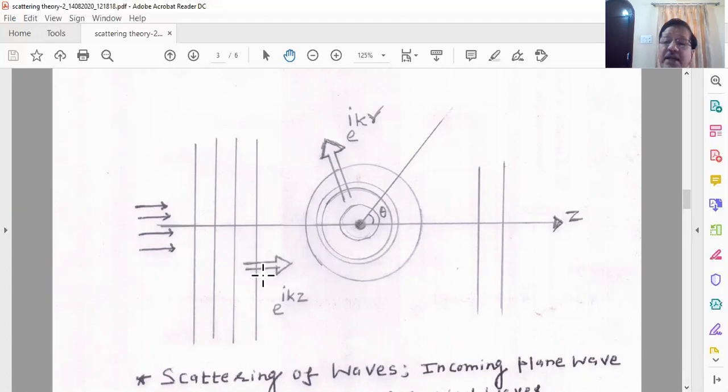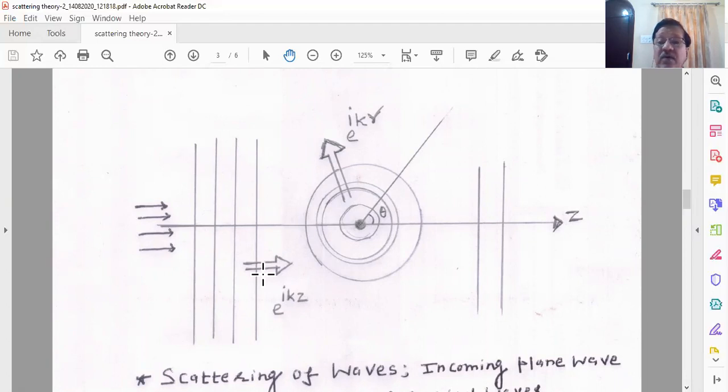Its magnitude is 2 pi over lambda, and the vector represents its direction.